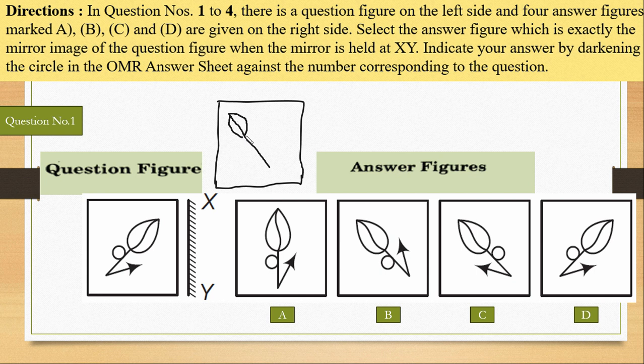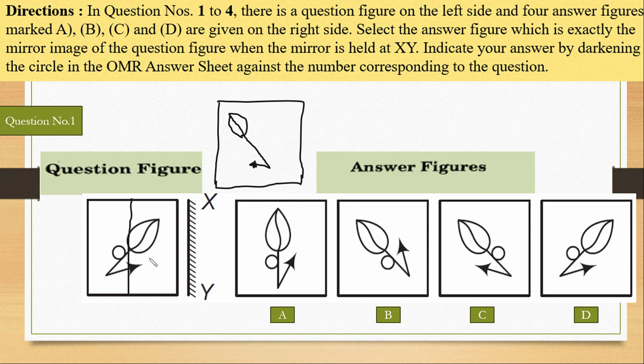I am not exactly drawing the leaf, but just drawing roughly. This arrow is pointing towards the right hand side, so it should point towards the left hand side in the mirror. It should be something like this. Another thing, this circle is appearing on the left hand side of the rectangle.